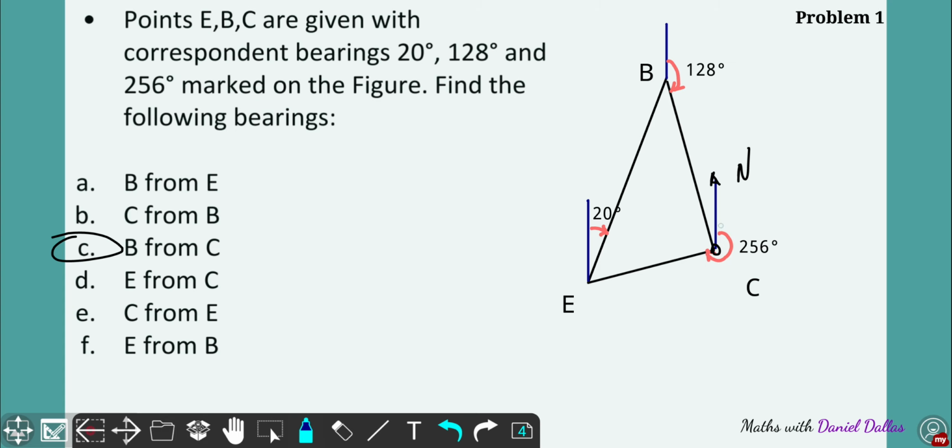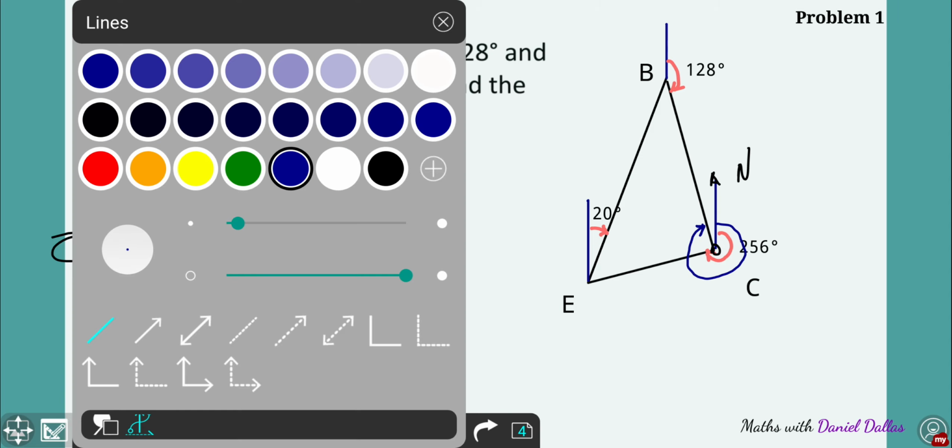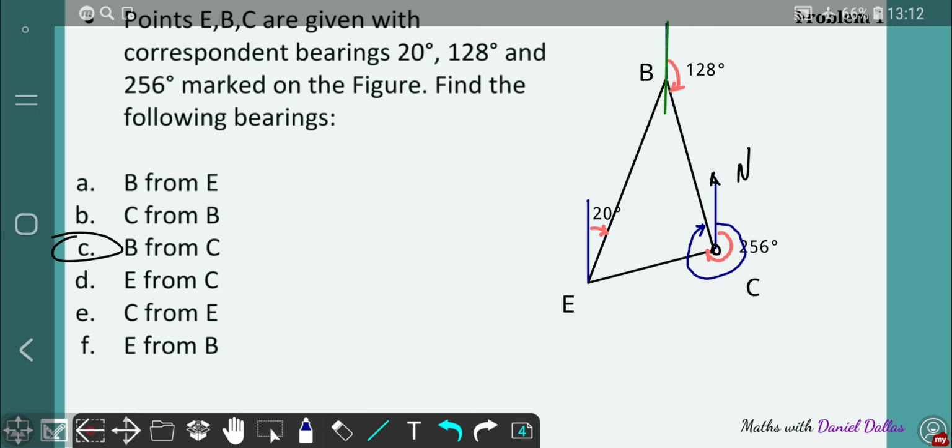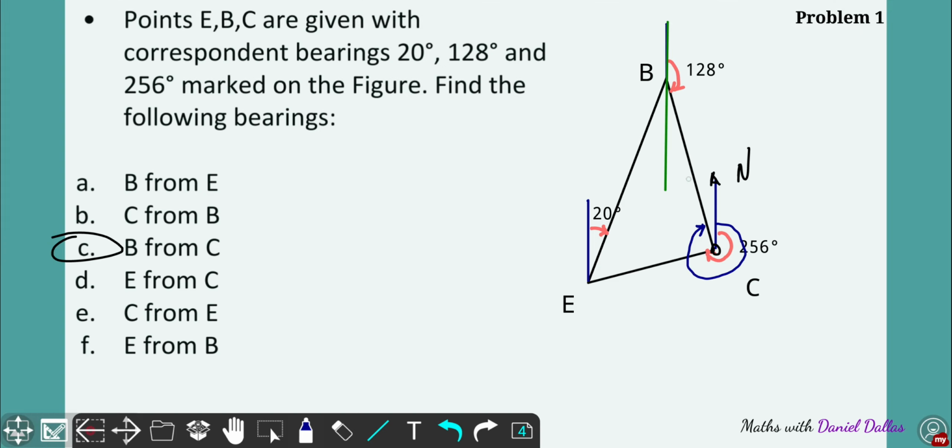It is your angle in the clockwise direction from north all around until you reach your segment BC. Because 256 degrees doesn't make any sense here, we're going to use two parallel lines, and I mark them as green ones. Parallel to the north direction, I set up one line, and I'm going to set up another line. So two green lines are parallel.